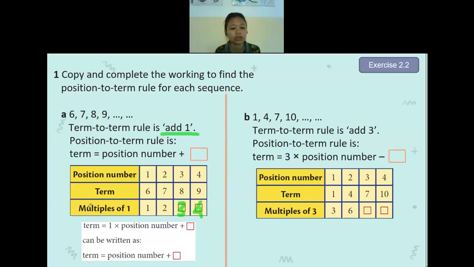Okay. So now that we have the multiples of 1, the second thing we have to do is find out the difference between the multiple and the term. So from 1 to 6, what is the difference? 5.